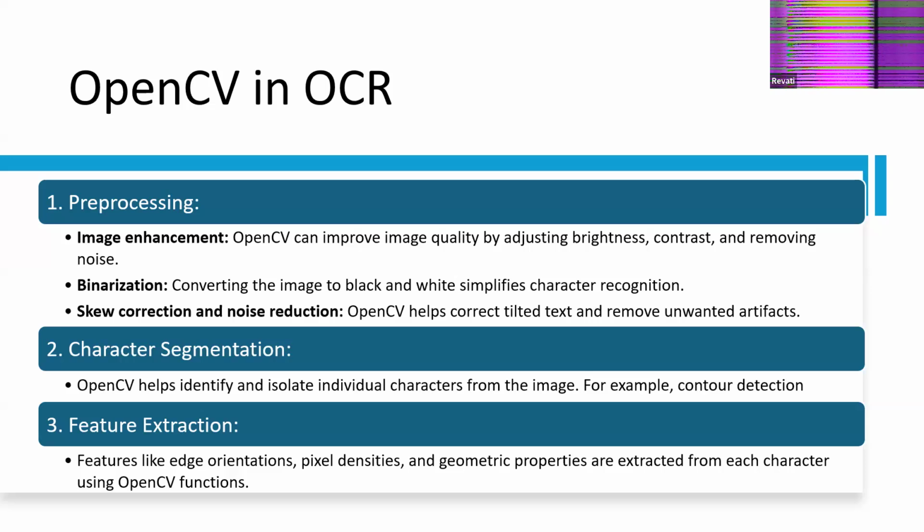Even that 1 or 2 degrees can affect our OCR engine or deep learning model, and that will decrease the performance in terms of accuracy. So correcting skew is important, and for image enhancement, we have seen in most images the edges are not dark.